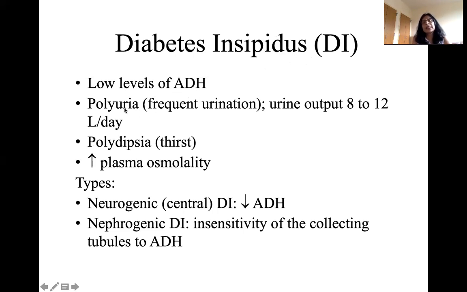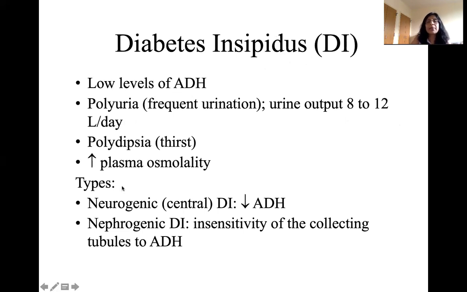Because there is not enough ADH to bring water back into the system, most of it is lost in the form of urine, polyuria. Okay, frequent urination, and urine output typically is 1 to 2 liters, but now it has gone up to 8 to 12 liters per day.